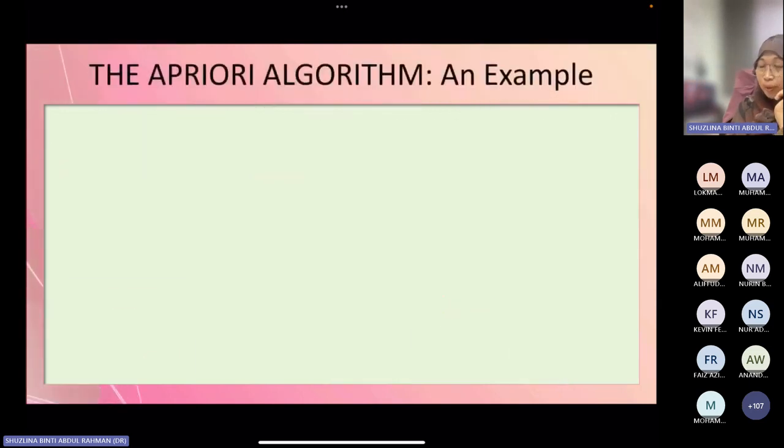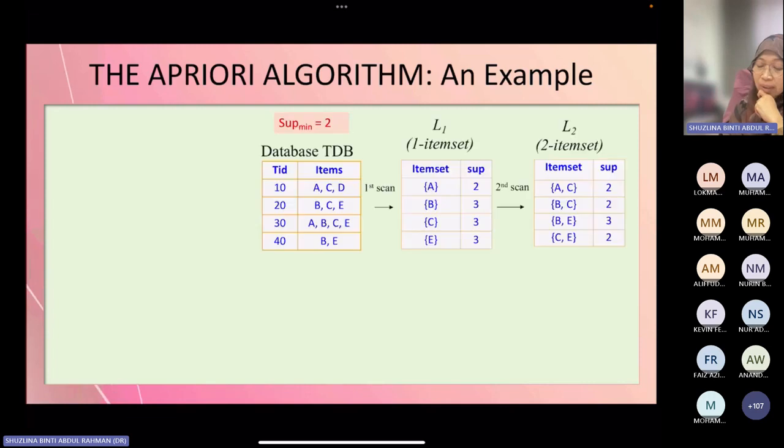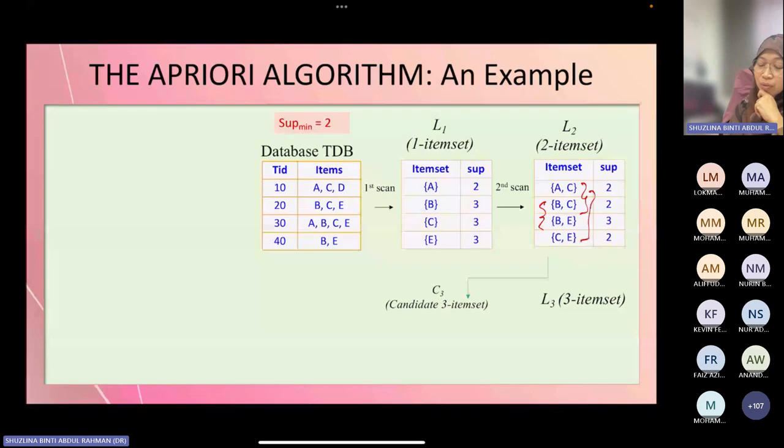So the next one, shall we proceed? We'll proceed to the next one, where we want to generate k equal to 3. Now I want you to generate L3. What is L3 here? We will combine this one and this one, and so on.